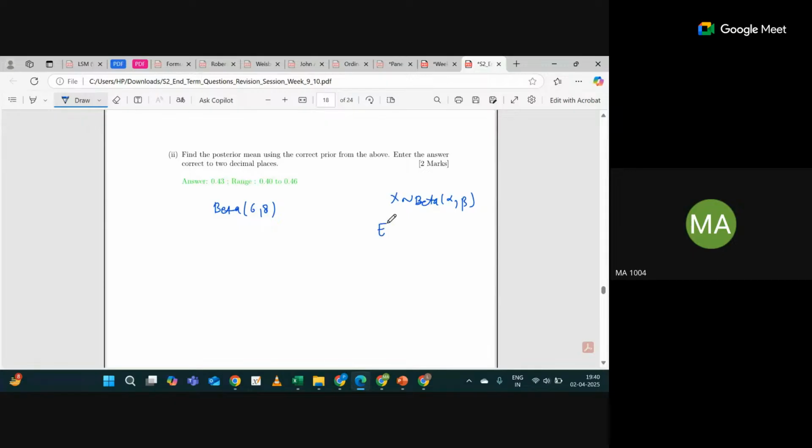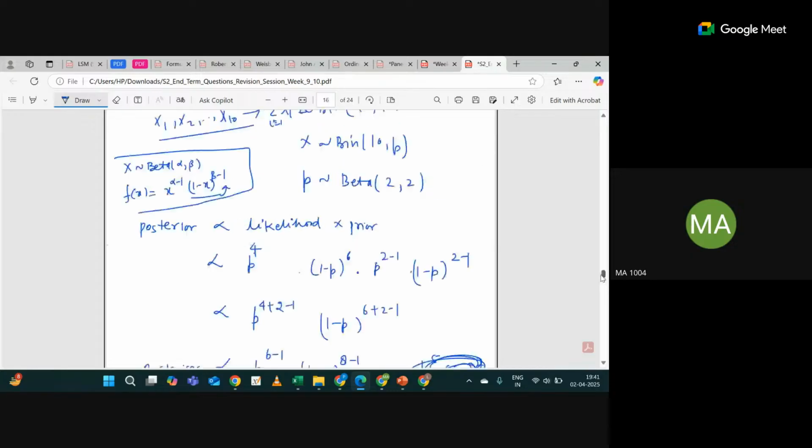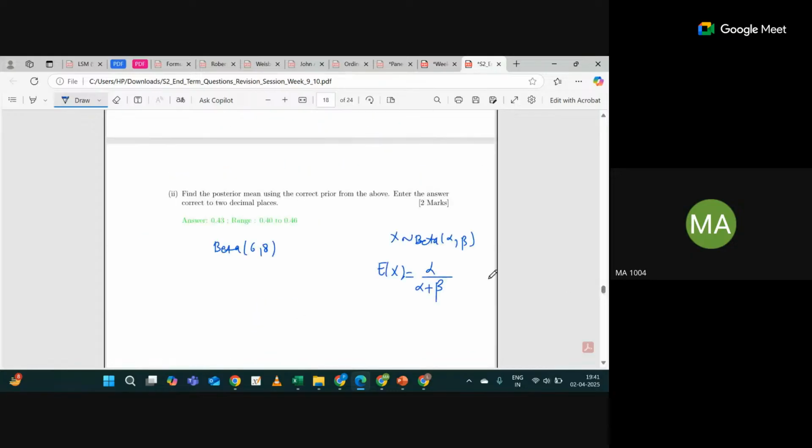So what is the expected value of X? Alpha divided by alpha plus beta. Do not worry about the PDF form of beta and the expected values of beta and gamma distributions; these will be in the formula sheet, but it will save your time if they are in your mind, so you don't have to scroll up and down. If not, you can cross check with the formula sheet.